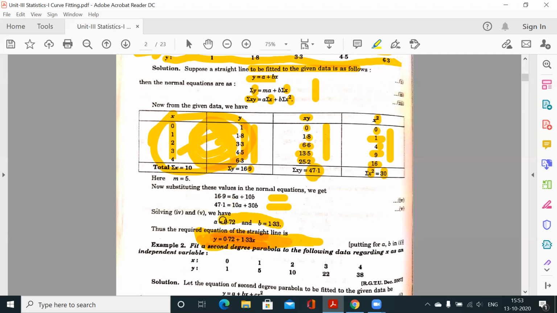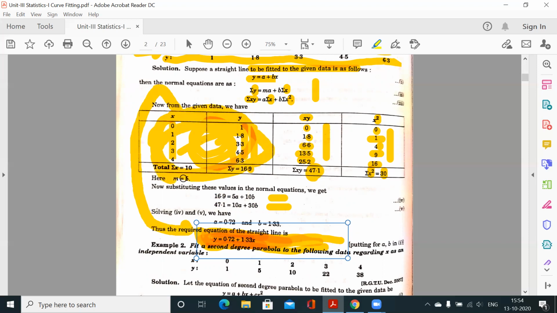This was the objective. So back substitute the values of a and b in the given curve. Our answer was y is equal to a plus bx, the straight line: y equals 0.72 plus 1.33x. This straight line approximates this set of values x and y. Clear?